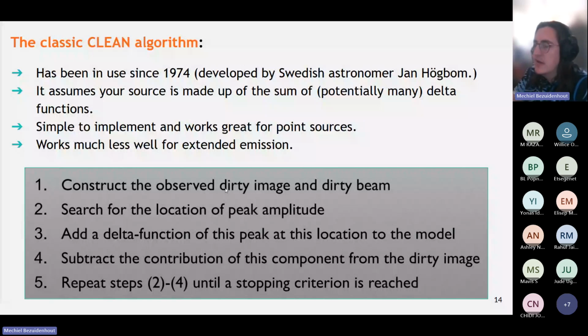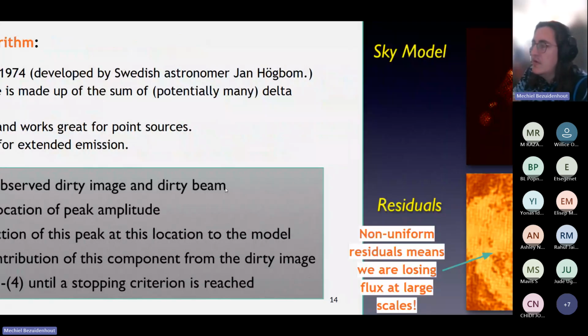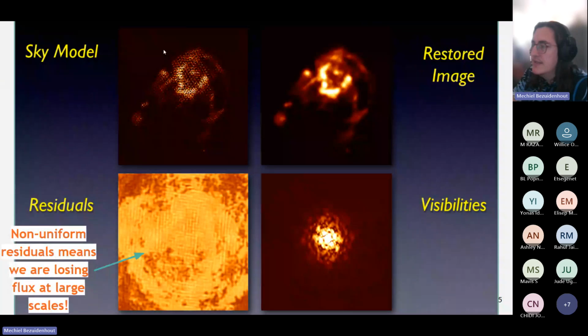So this is an example. On the top left is the sky model. And you can see that the sky model is made up of a bunch of point sources. It looks like a bunch of points that you put close together to try to recreate the image.